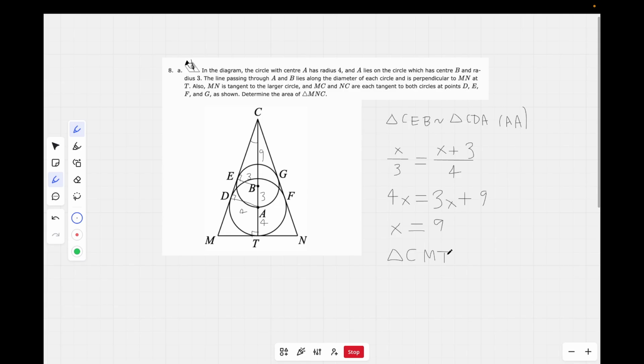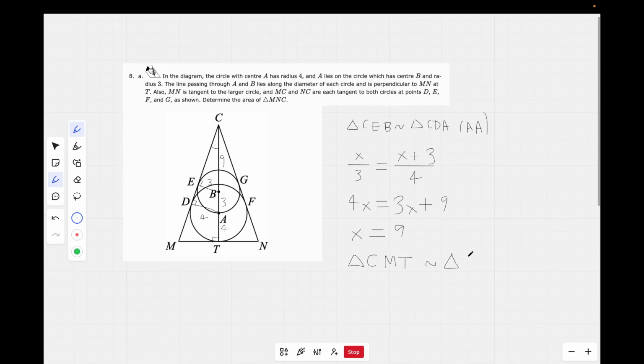So we have that triangle CMT is similar to triangle CBE by angle, because you have angle MCT equal to angle MCT, obviously, and the two triangles also have another 90-degree angle. So they're similar by angle similarity.